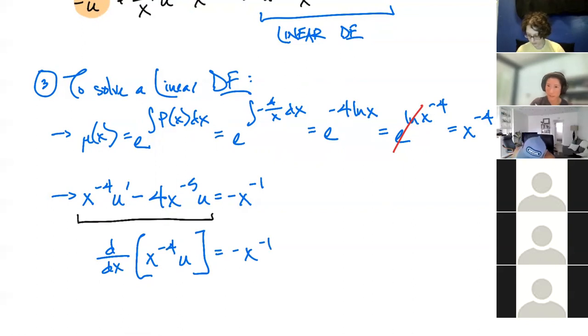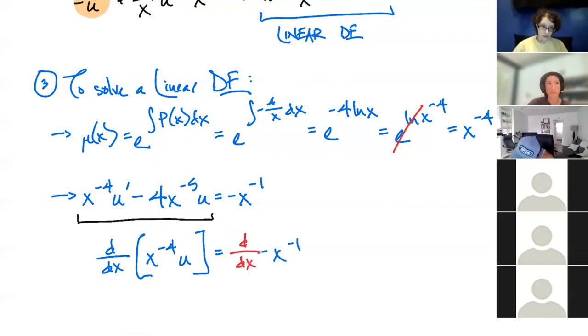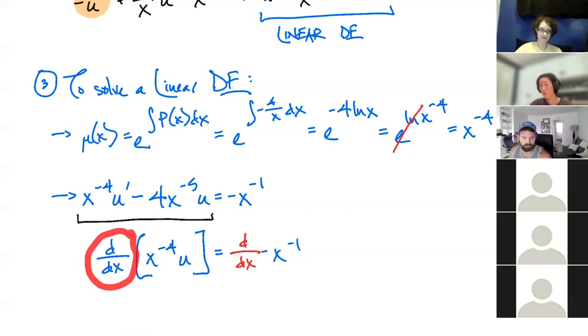I did see a small handful of people who on the right-hand side here actually wrote this. Okay. And so the mistake that those folks made is they thought that they were taking the derivative of the left-hand side, and so they also took the derivative of the right-hand side.